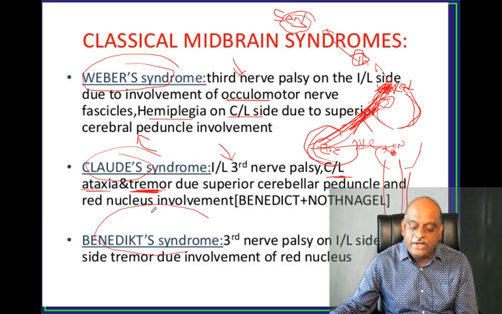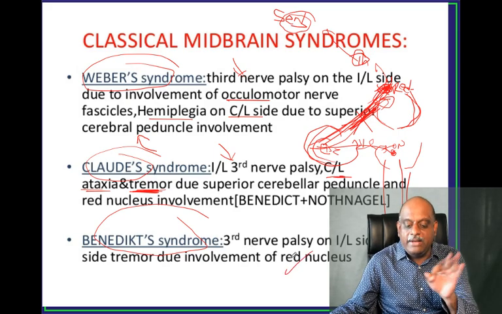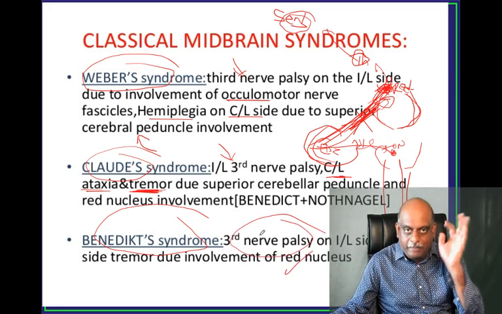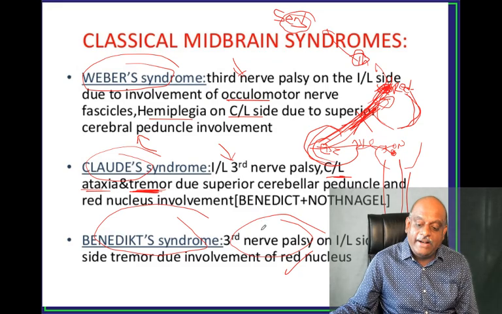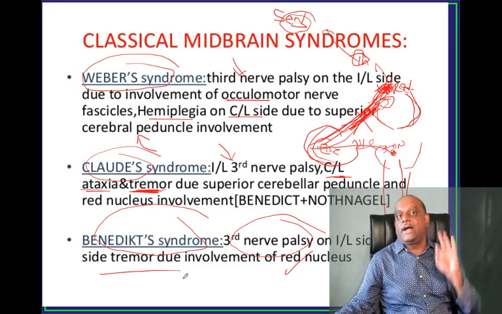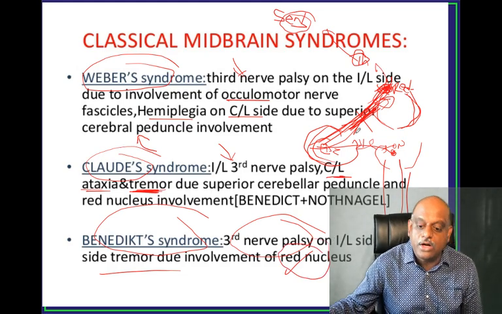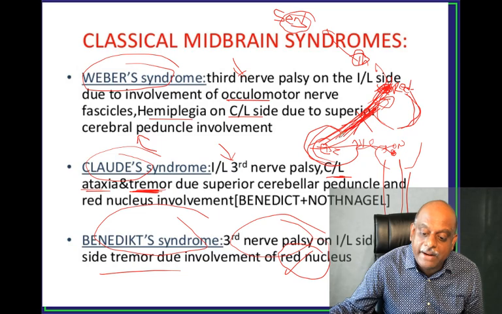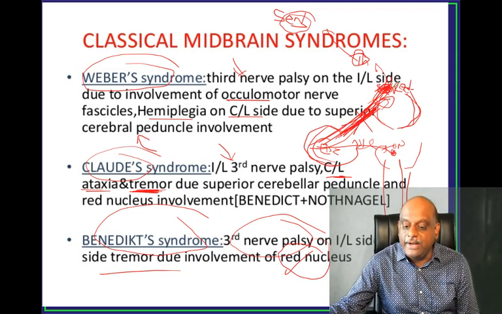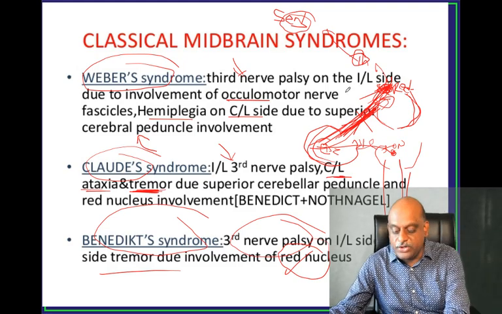Then what is Benedict syndrome? Benedict is only red nucleus involvement. So third nerve palsy ipsilateral and contralateral side tremor only, not ataxia. Tremor only because of the red nucleus involvement, not the peduncle involvement. The cerebellar peduncle is not involved, but only the red nucleus is involved. That is Benedict syndrome. That is what you should understand.